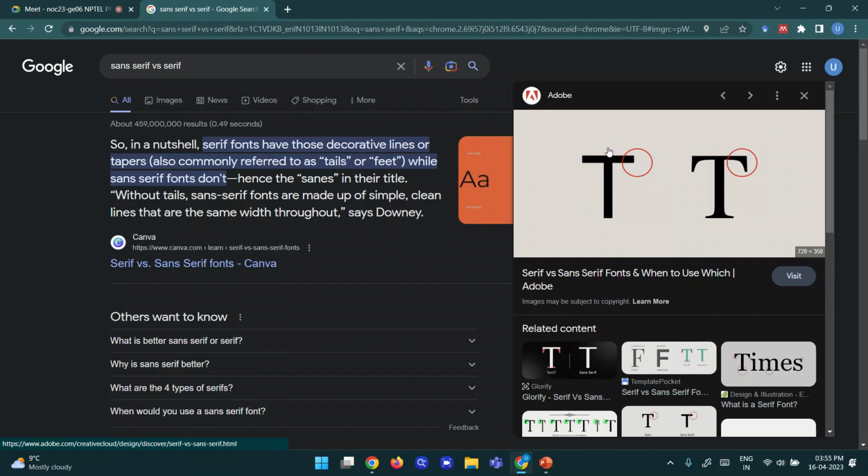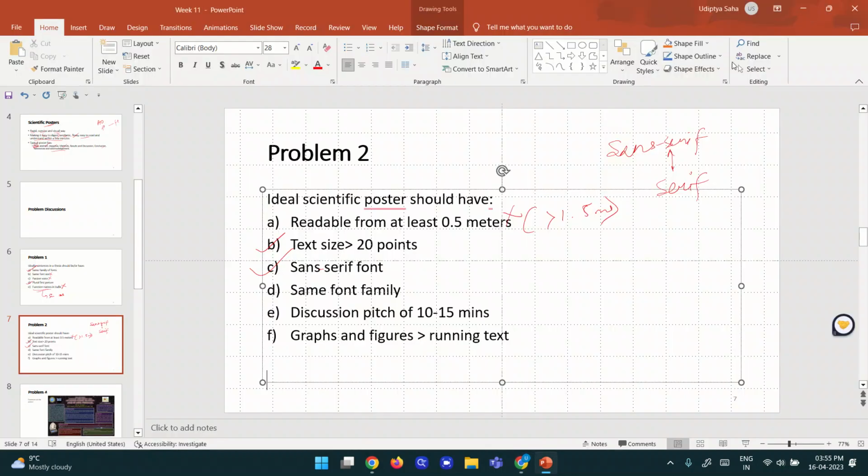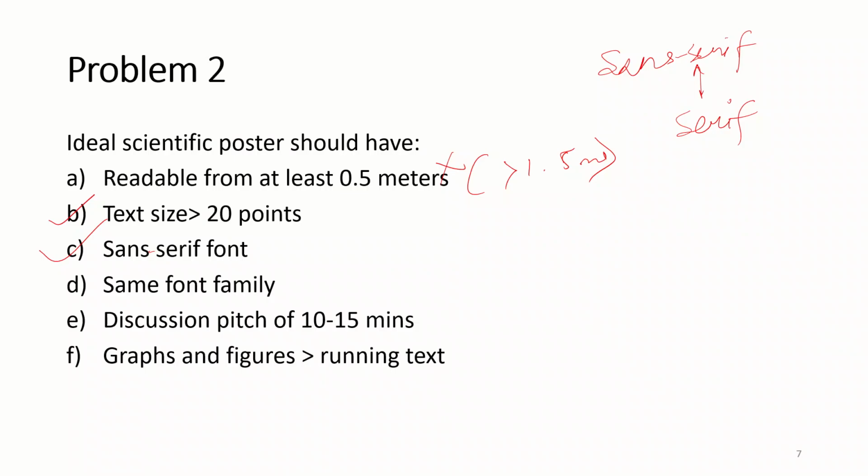So this is sans serif. Serif fonts have this kind of elongations, and sans serif won't have. So there is some kind of visual difference. That's the difference between sans serif and serif. So this is sans serif, what I'm using.